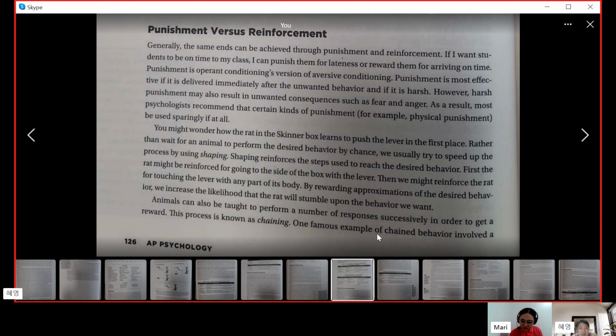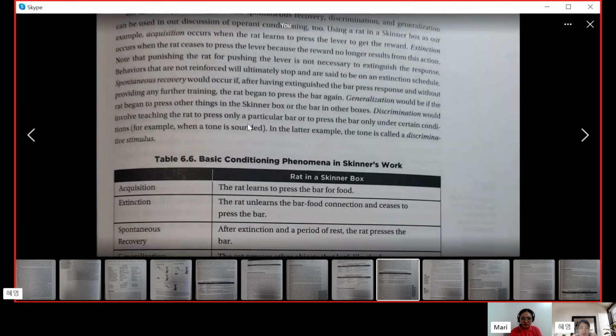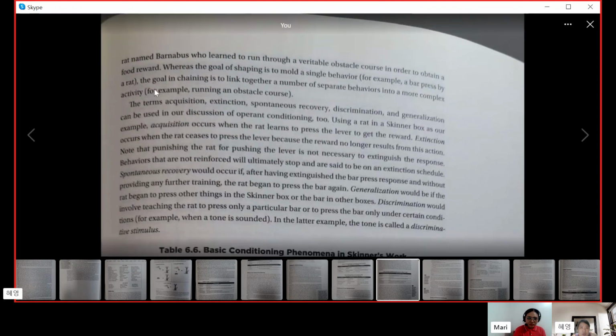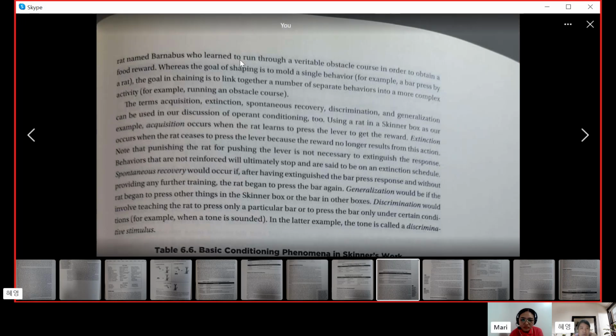One famous example of chained behavior involved a rat named Barnabas, who ran through a veritable obstacle course in order to obtain a food reward.